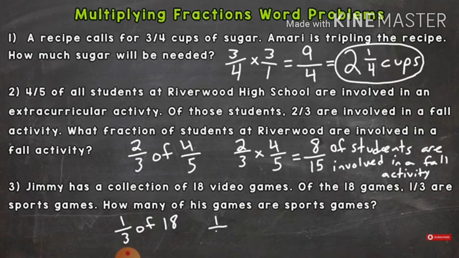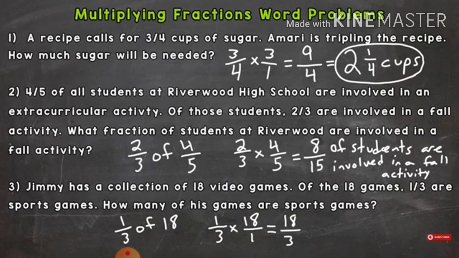So let's rewrite the problem. 1/3 times 18. And again, I'm putting that 18 over 1, a whole number over 1, to give it a numerator and a denominator. It does not change the value. So now straight across, 1 times 18 is 18, and 3 times 1 is 3.